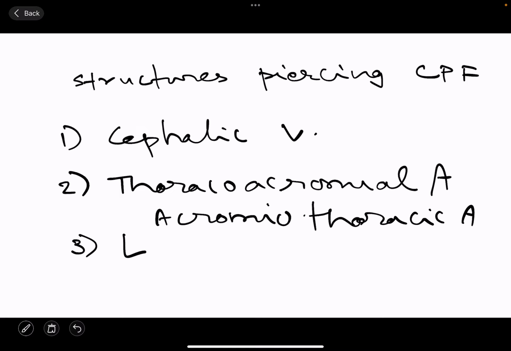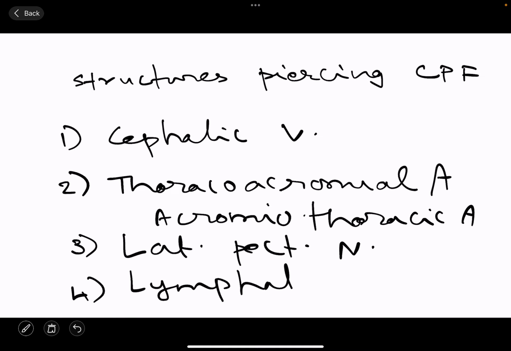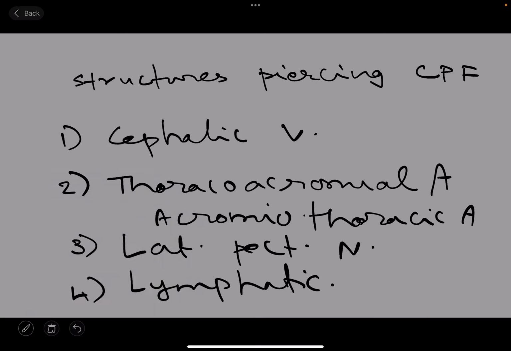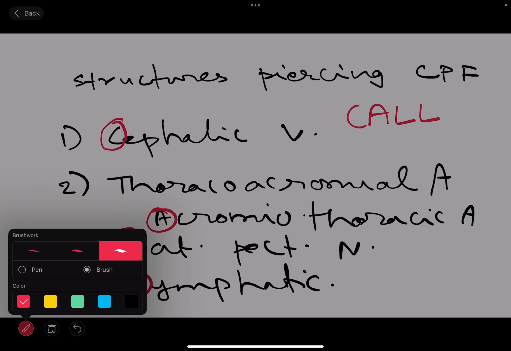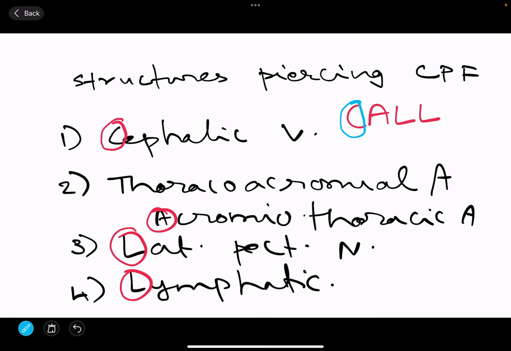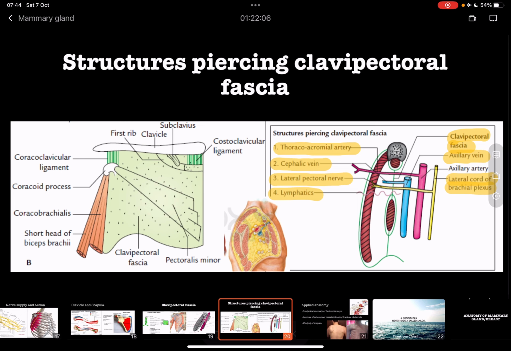And then we have the lateral pectoral nerve, and we have some efferent lymphatics from the breast. Okay, so the structures here are CALL structures piercing the clavipectoral fascia: cephalic vein, acromiothoracic artery, lateral pectoral nerve, and lymphatics.